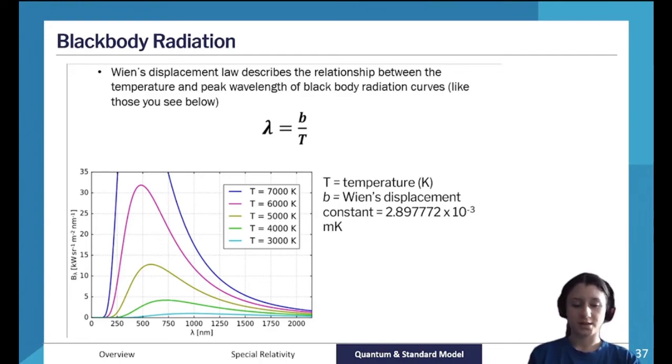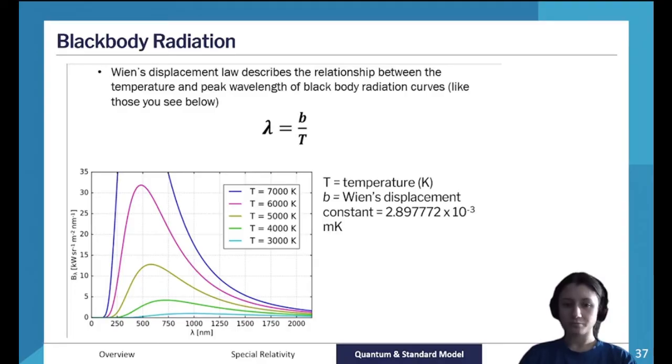The temperature is in kelvins. It's really, really easy to forget that. How do you convert between degrees and kelvins? All you have to do is add 273.